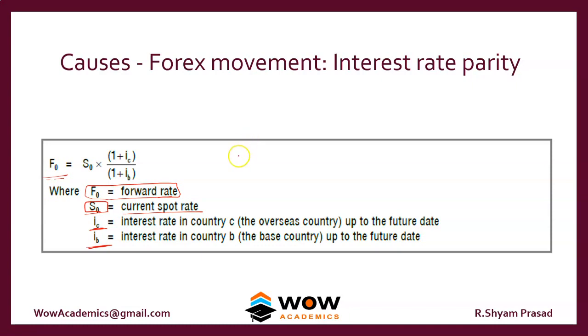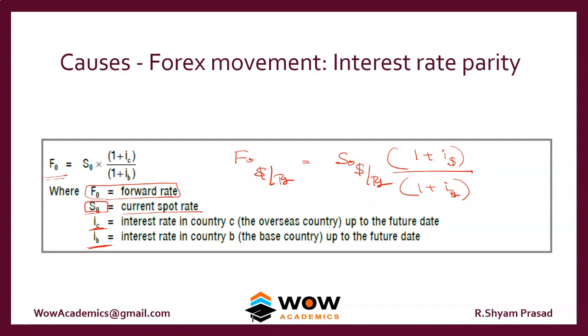So if you are going to work out F0 for dollar to rupee, then it would be S0, dollar to rupee, multiplied by 1 plus interest rate in US, divided by 1 plus interest rate in India, or we'll put it as Rs.